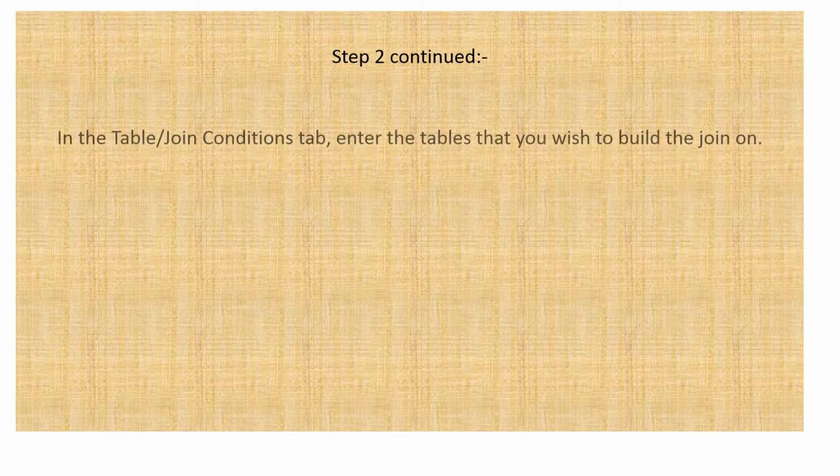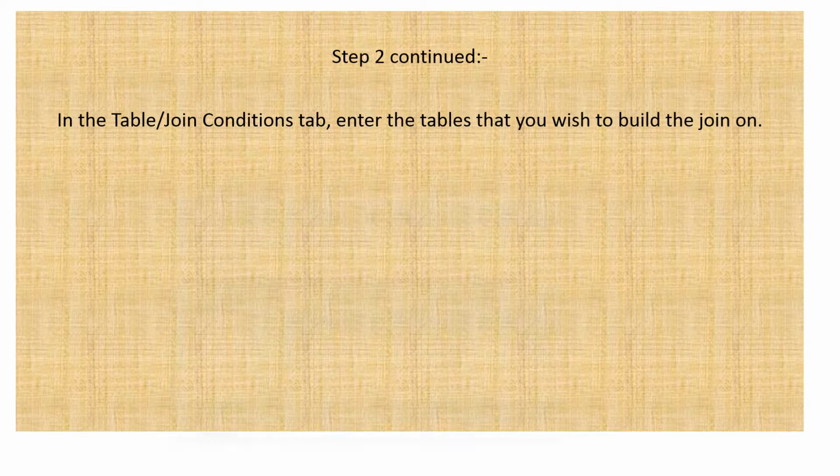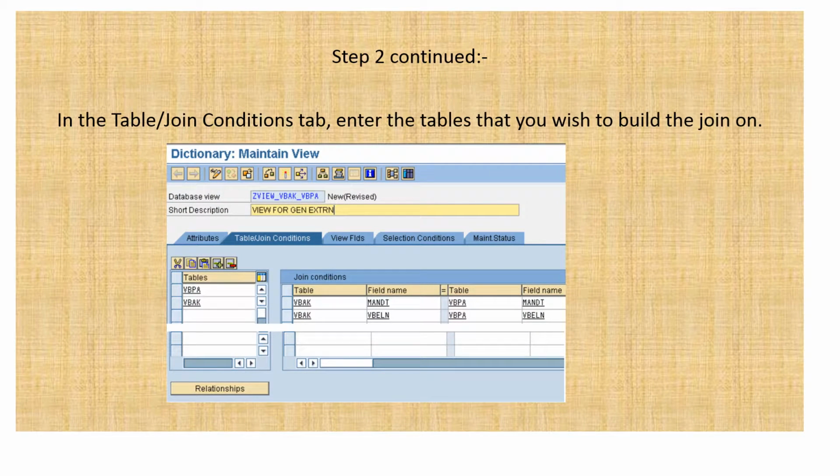Once you select copy, it will ask for the join condition. In this join condition, you have to select the tables and also select the fields, like VBAK field MANDT is equal to VBPA MANDT.